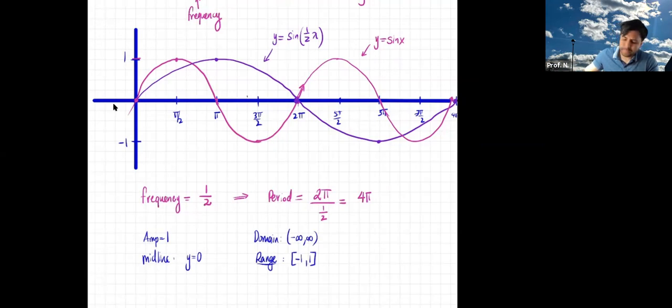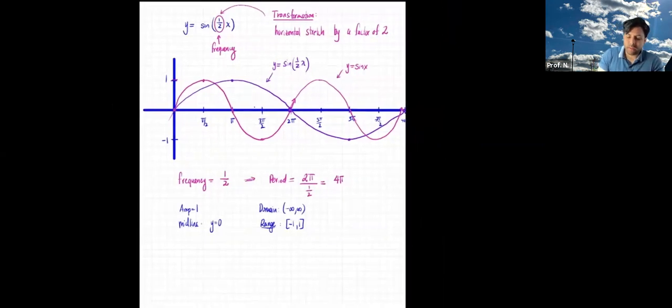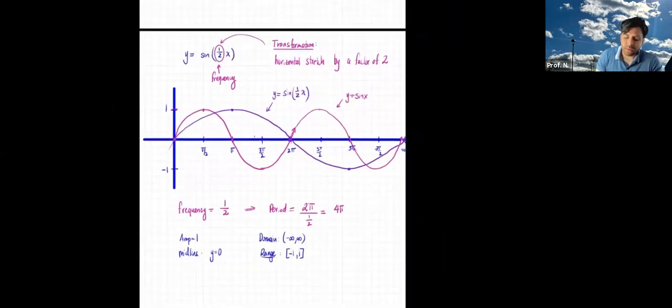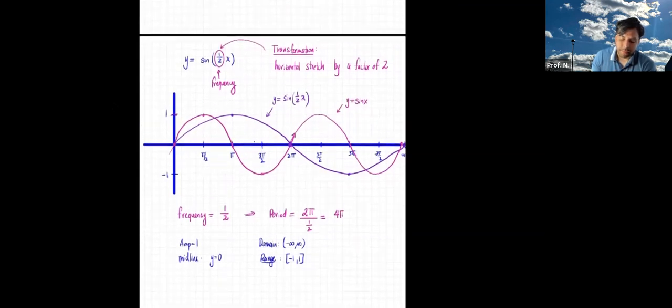All right. Any questions about horizontal transformation, stretching, and compressing? So again, this number here is giving you the frequency, and it tells you whether you're stretching it or compressing it, horizontally speaking.